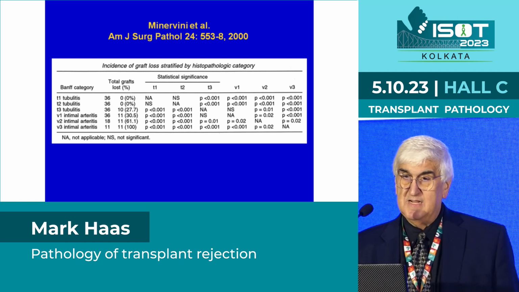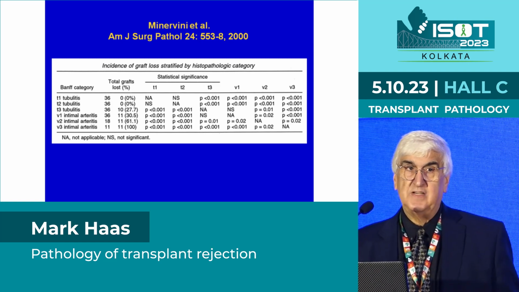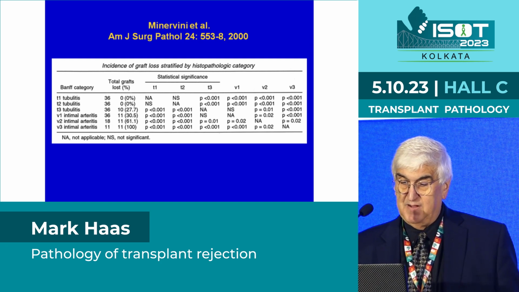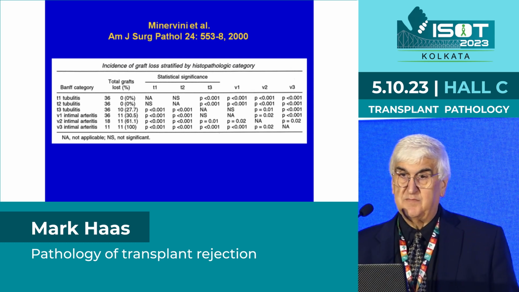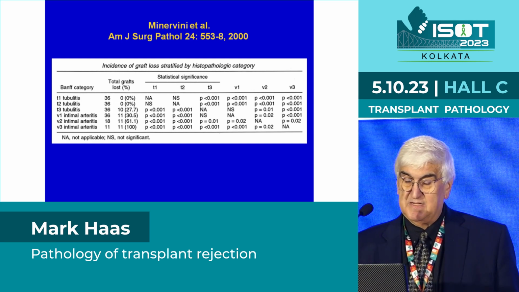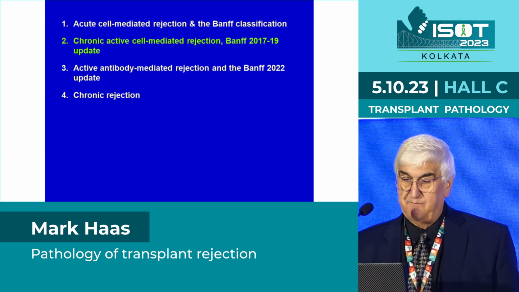But 1B, cell-mediated rejection, in which there's more severe tubulitis, particularly when these occur after the first year post-transplant, are frequently associated with graft loss, and the more severe vascular lesions here are progressively associated with increased levels of graft loss. Although back in 2000, what was not understood is that some of these may represent mixed cell-mediated rejection and antibody-mediated rejection.